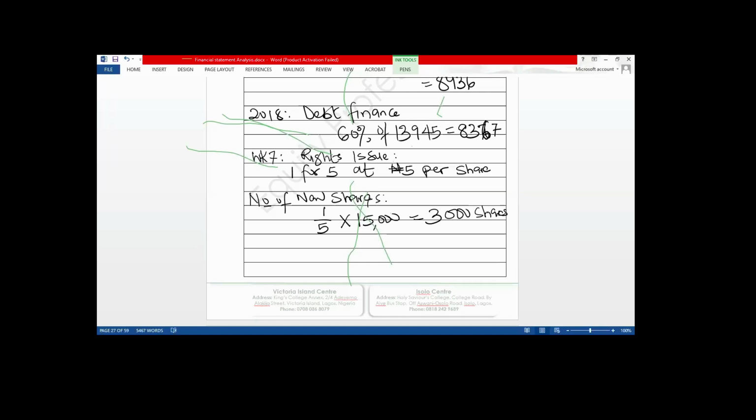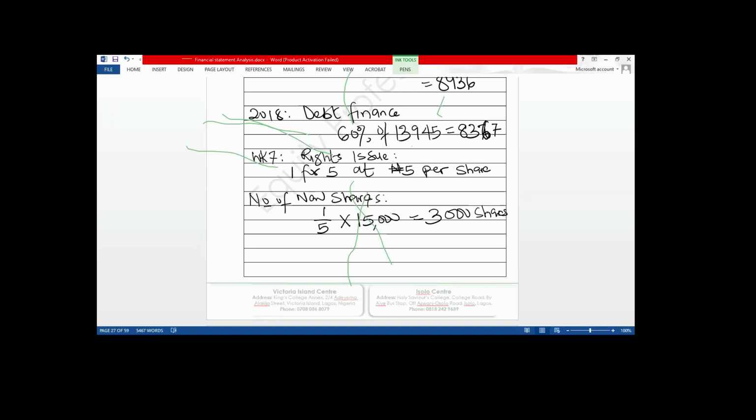Nominal value per share is 1 naira. Now we want to issue new shares at 5 naira per share. That means, by implication, these new shares are issued at a premium.